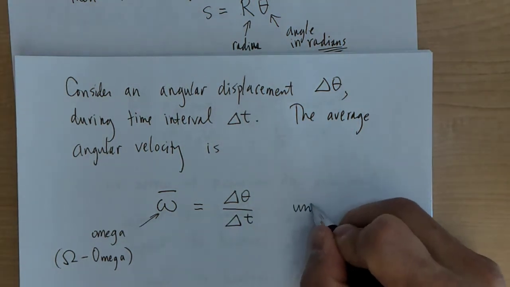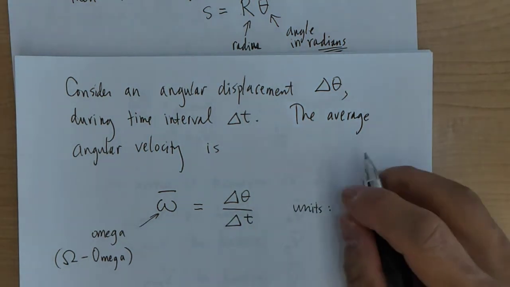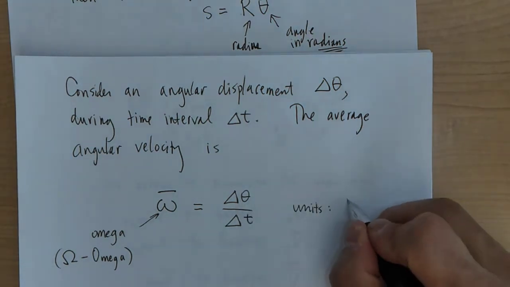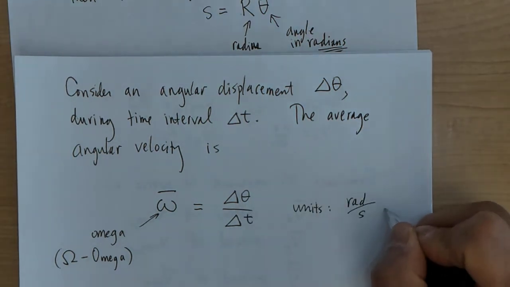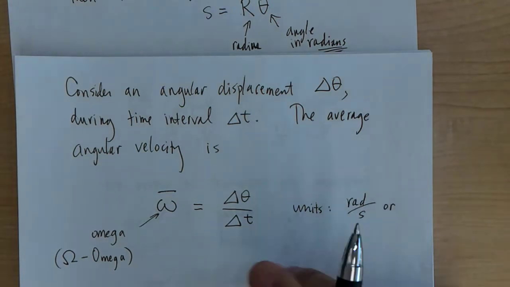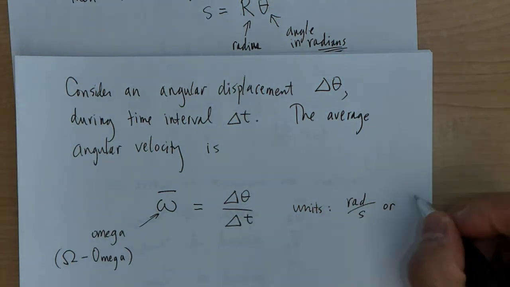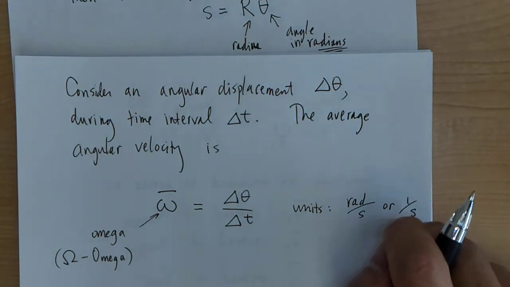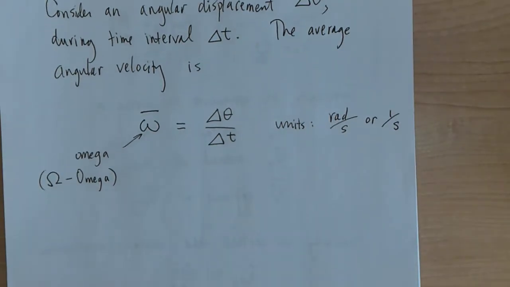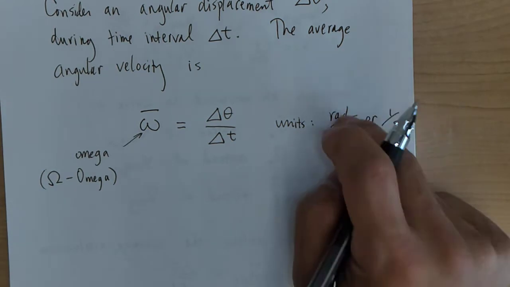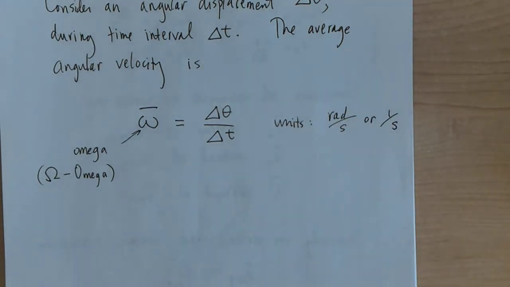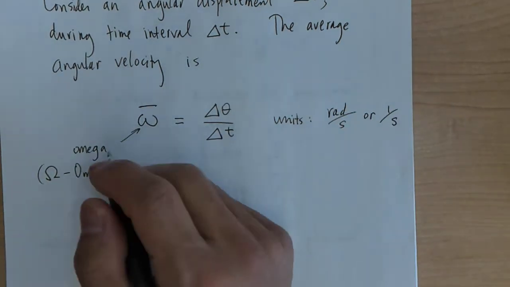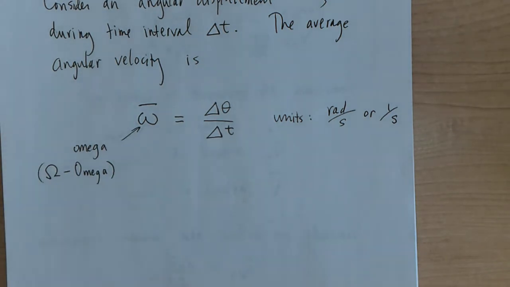So this will have units of, if you want to keep track of radians, radians per second. Or if you don't want to keep track of the radians and just forget about radians, they'll just be the seconds coming from the delta t. So we'll just switch back and forth. The radians will come and go as we want, since it's not a real unit.